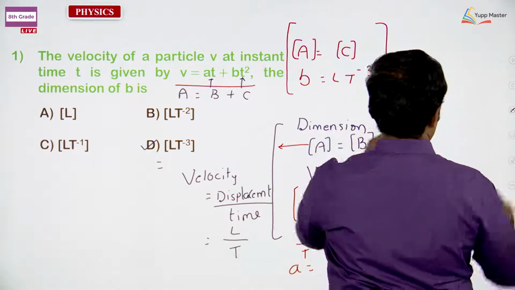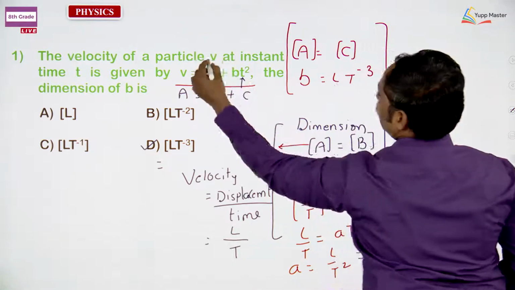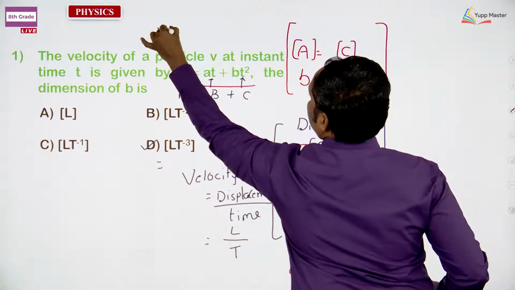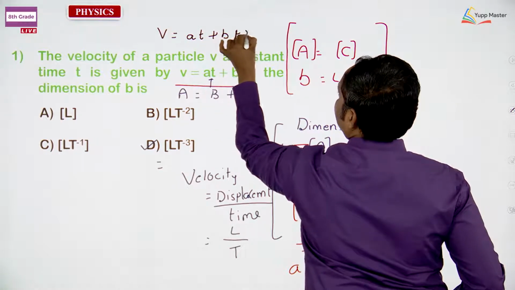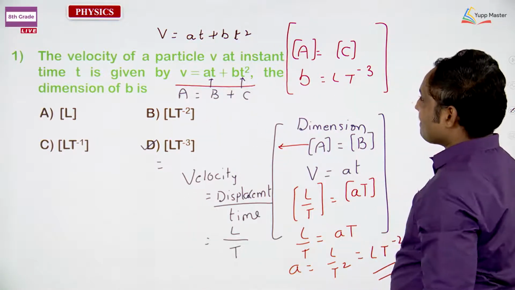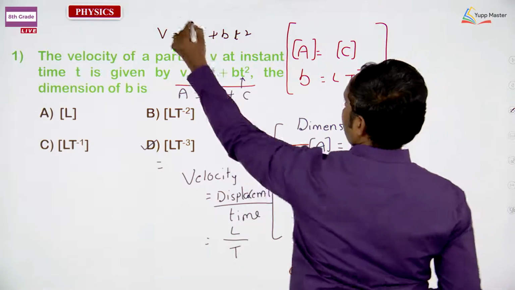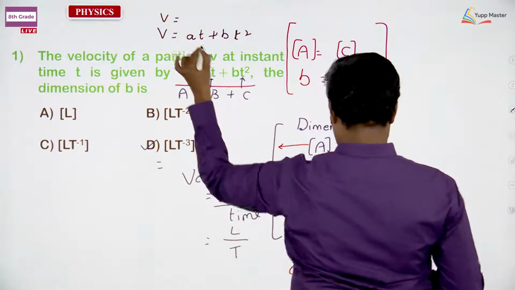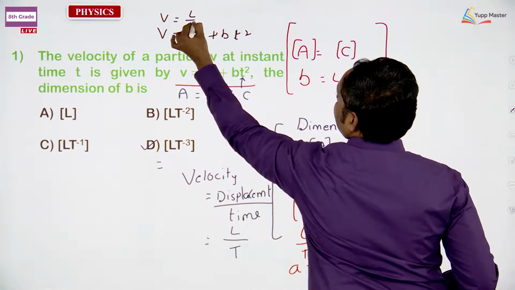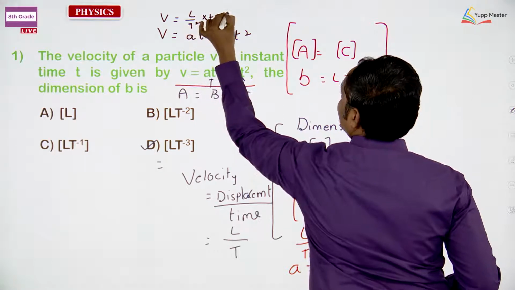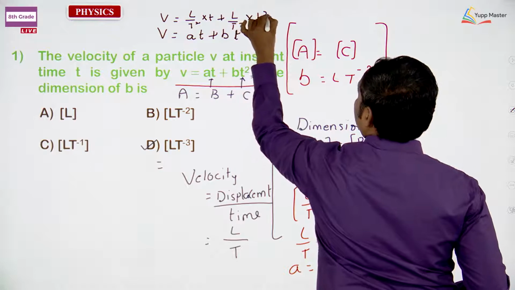Yes, if you are going to substitute V is equal to A T plus B T square, just put that A value. V is equal to, what is the A value? Let us have a look: L by T square into T plus L by T cube into T square.